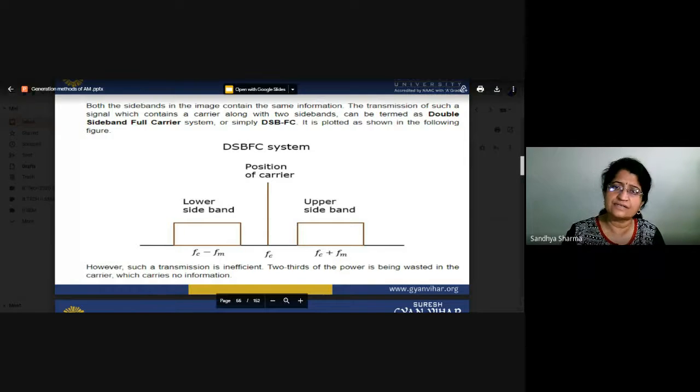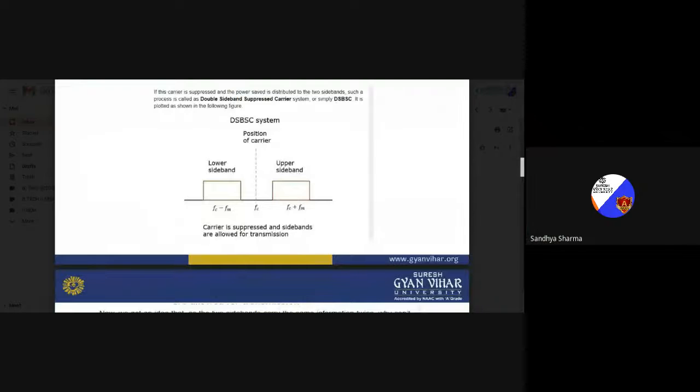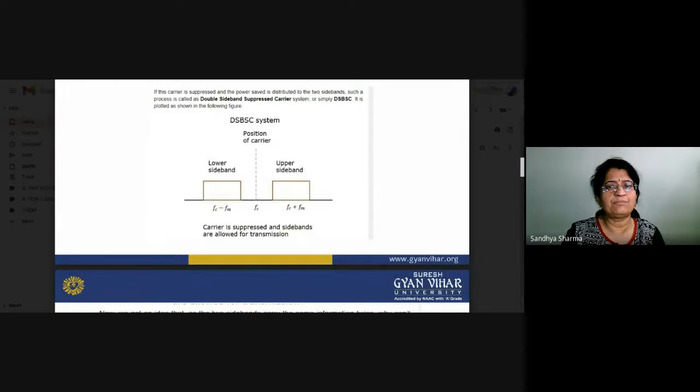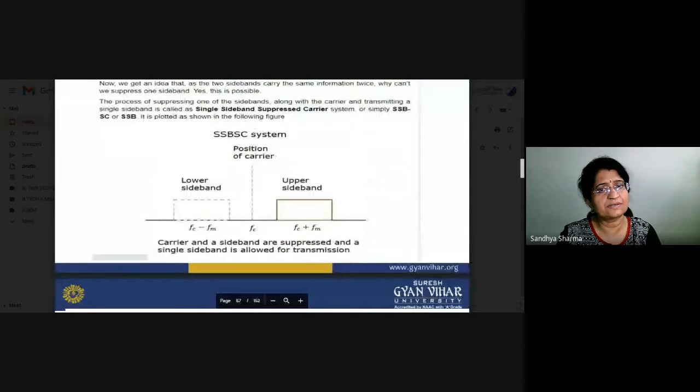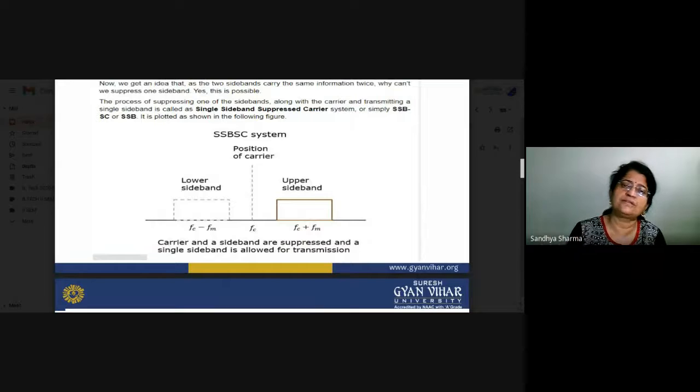As we have already seen, either we can transmit both sidebands with carrier, or both sidebands without carrier, or the same is applicable: you can remove the lower sideband or the upper sideband for transmission of SSB-SC signals. Here we remove the carrier and the lower sideband, and only transmit our upper sideband signal. This is the system by which we can opt for SSB-SC.